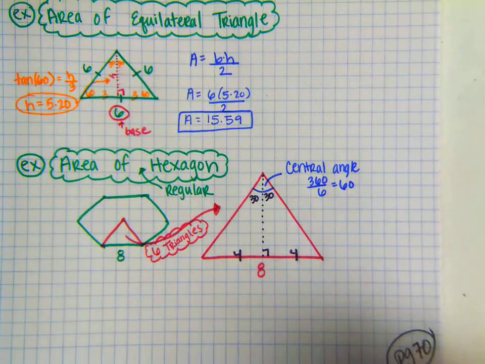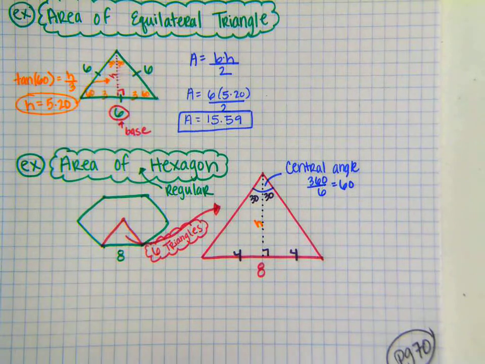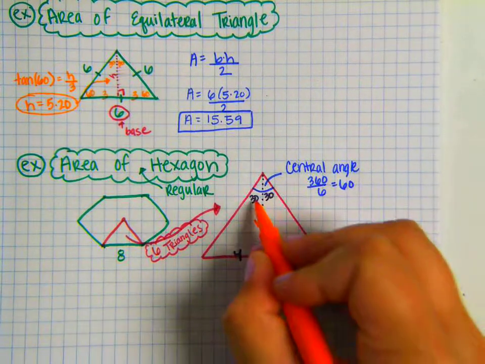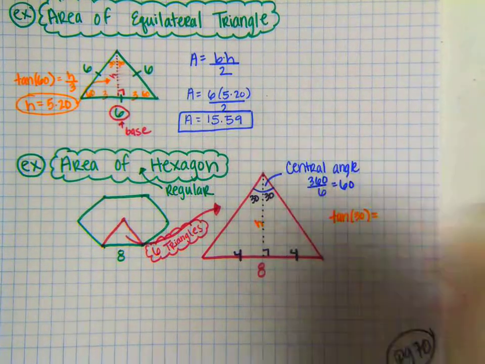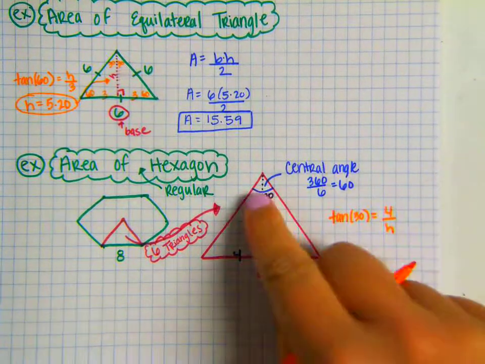Now we still need to find our height. And again, we can use trig or we can use our special right triangle. I'm going to go ahead and use trig this time. So given this 30, this will be the tangent of 30 equals 4 over h, opposite over adjacent.